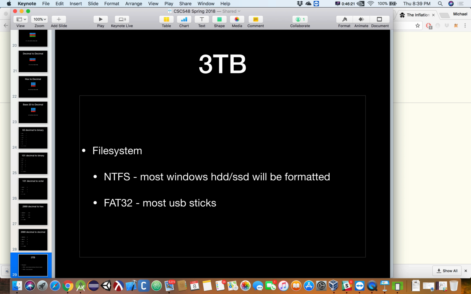Make sense? So wait, 32 is the base? Is that what you're saying? In this particular case, it's not that FAT32 is base 32. The 32 in FAT32 represents the number of bits used to index that file system. That'll make sense in a second when I talk about the 3 terabyte thing.